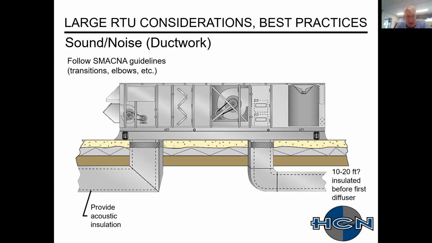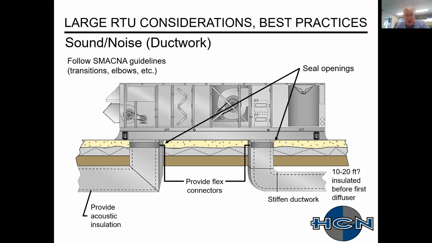As a sidebar, it seems like over the years this design feature has been reduced in usage. I'm guessing that's because of an indoor air quality association. On the supply, we can stiffen the ductwork by adding additional supports, maybe increasing our gauge of ductwork. We can provide flexible connections. Where the ducts do penetrate the roof, you want to make sure you seal around those openings so there's no line of sight that sound can transmit through.